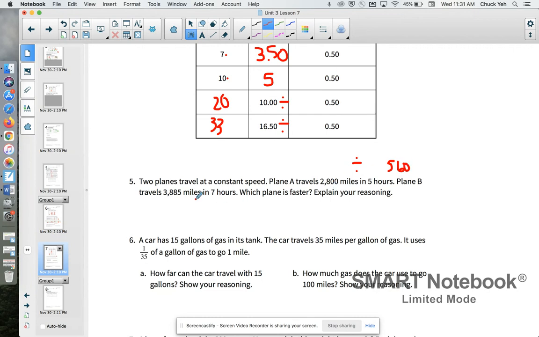And then divide this, because we want to find out how much it is per hour, right? Per hour, how many miles per hour? 3,885 divided by 7, and I'm doing this on my calculator. So that's 555. So which plane is faster? Plane A is faster.